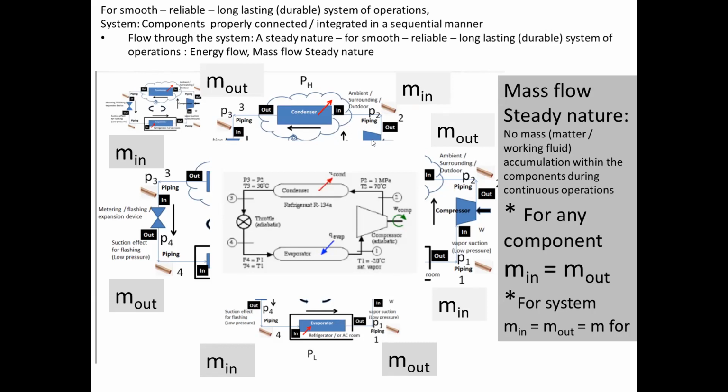When mass M passes through the condenser, similar mass M passes through the flashing device. The same mass M passes through the evaporator, same quantity passes through the compression.